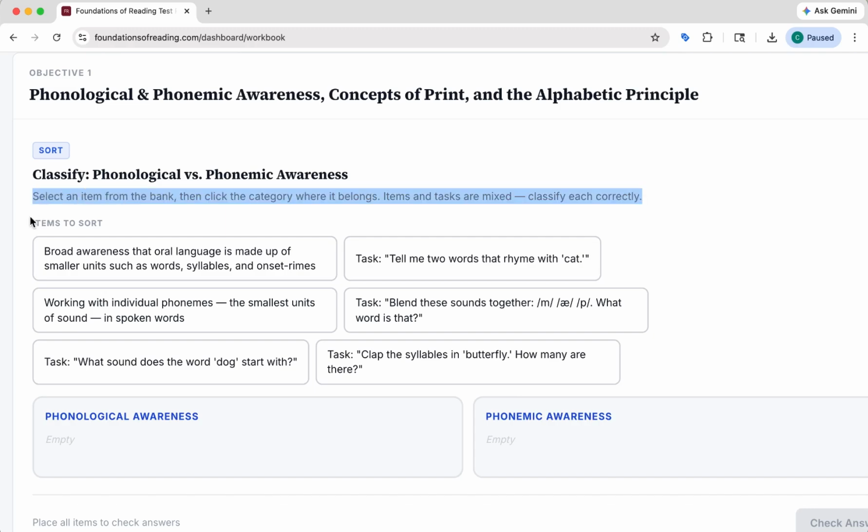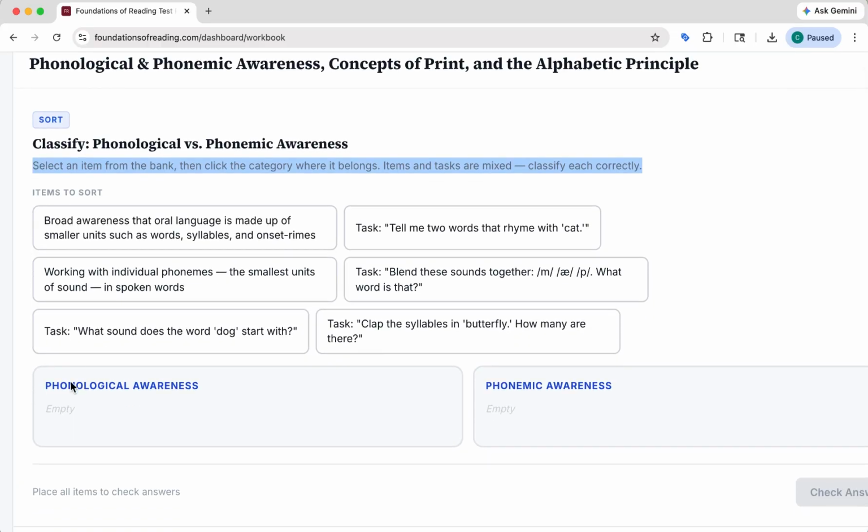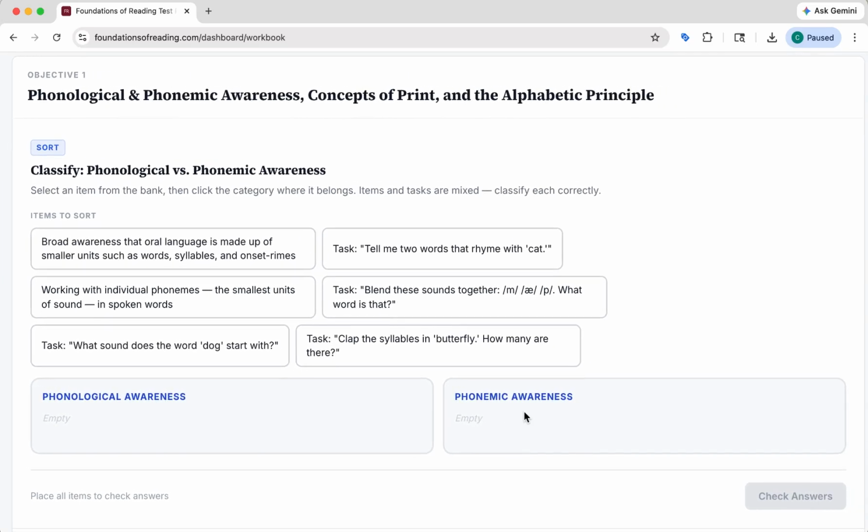What we need to do in this section is sort the items, whether they are examples of phonological awareness or phonemic awareness. So here we go. I'm going to read these again before I actually complete this. Think in your own head, where should these each go? I'm going to read these for a moment here.